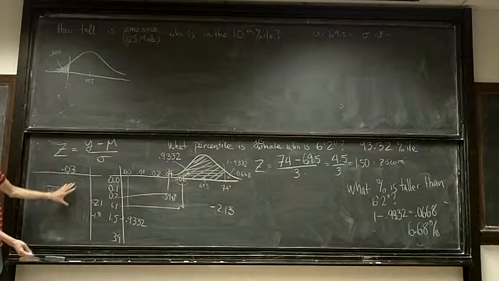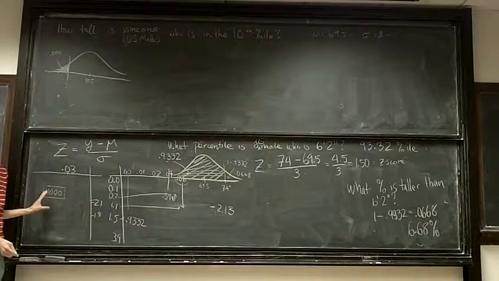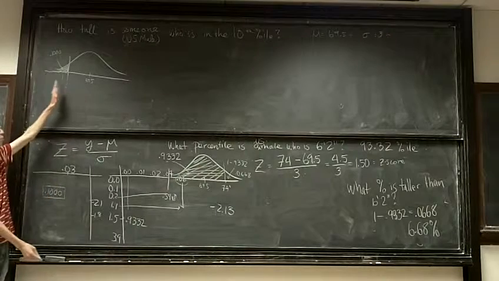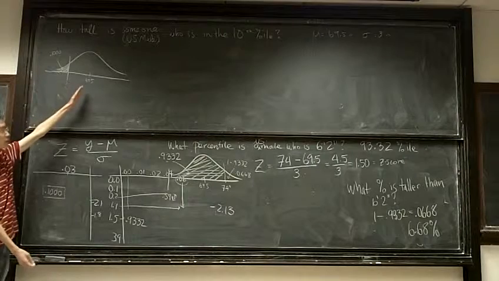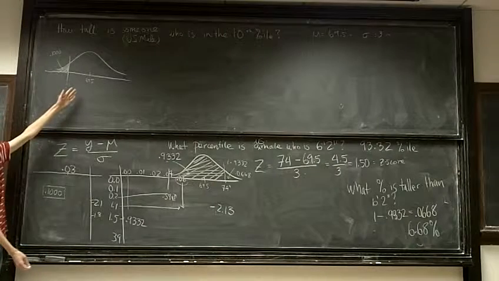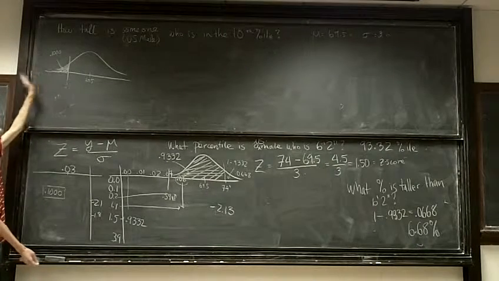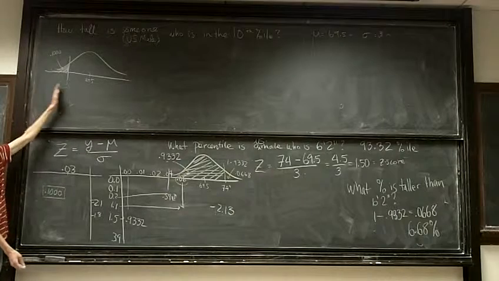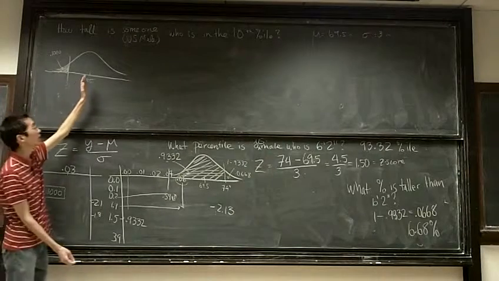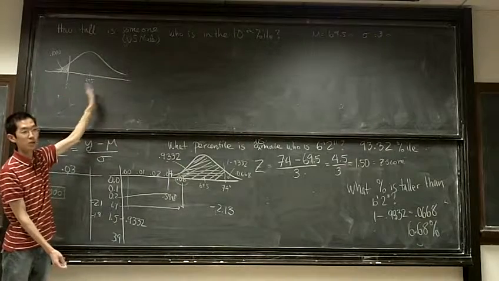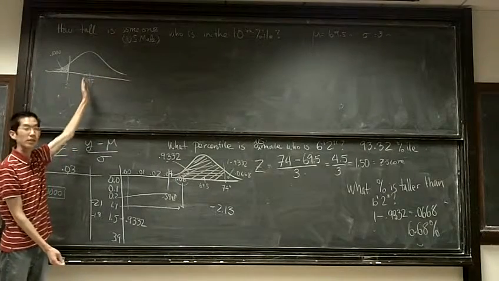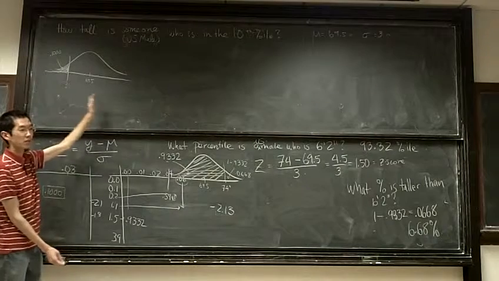I know I'm going to be on the negative side of the table because we're smaller than the mean. Whenever we're smaller than the mean, our percentile, the area to the left, is less than 50%. If we're larger than the mean, our area to the left is going to be greater than 50%. At the mean, we've got 50%.